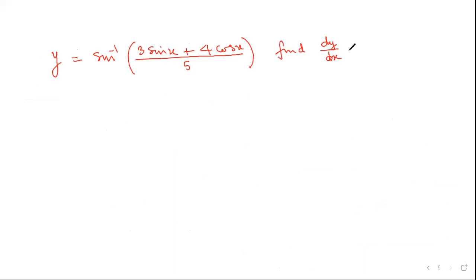Here, the problem is that this 3 by 5 and 4 by 5 are not any particular angle's values right now. But we can say so much. If this angle is some theta, this is 3, this is 4, 3 square plus 4 square is 25, which is 5 square. So by Pythagoras theorem, 3, 4, 5 will form a right angle triangle. Yes or no?